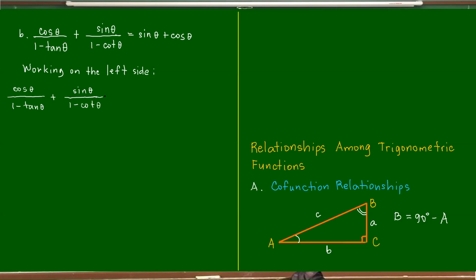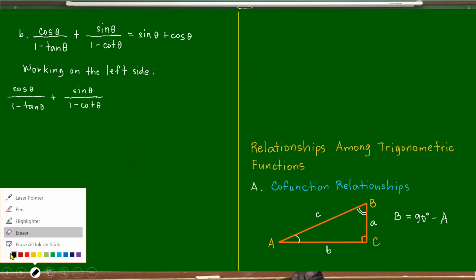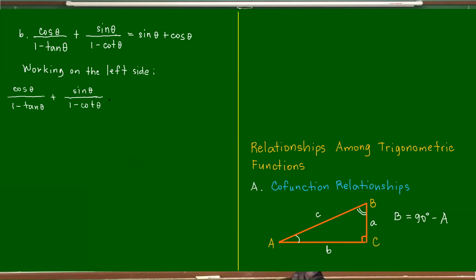Let's work on the left side again. Because the left side is complicated, it's easier to work on that, making it the right side. Our goal is to make it the right side. So we have to make the left side the same as sine theta plus cosine theta, making use of definitions of trigonometric functions. So let's start now.